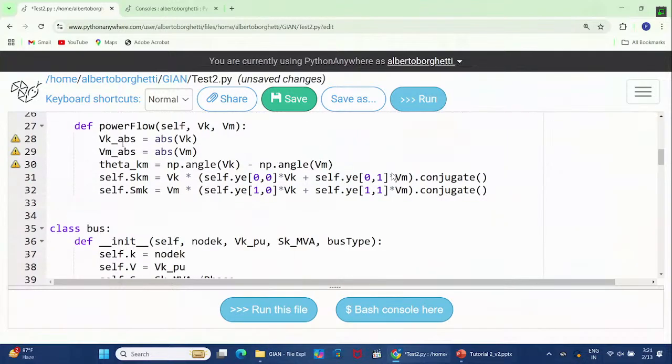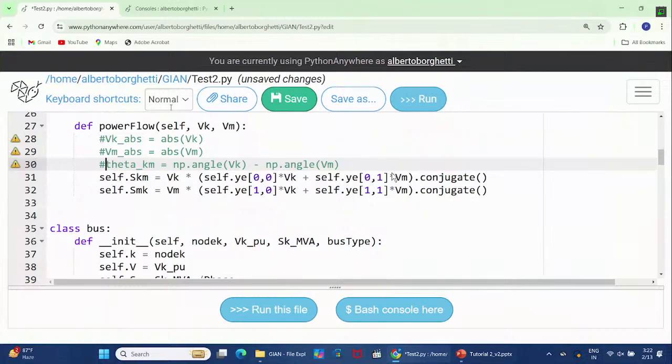We have defined this absolute and it is not needed. So probably we have written some instructions that are not needed because I was thinking about something else. We can also avoid writing this instruction here because our equations are written directly by using Vk and Vm and not the absolute value.